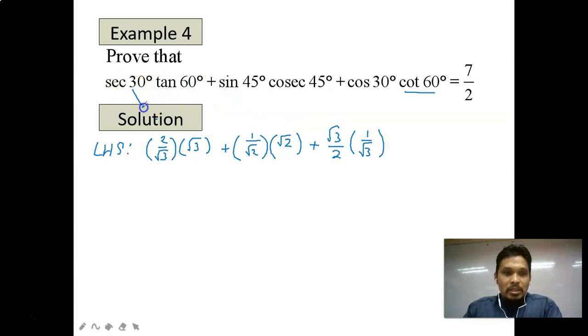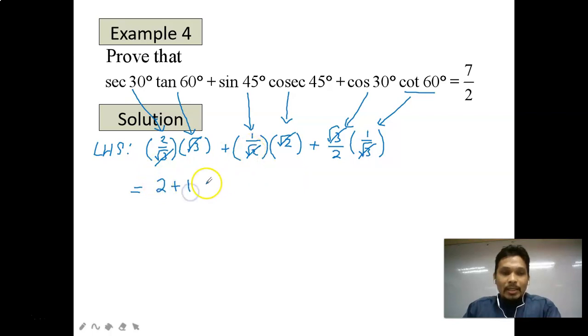Meaning, secant 30 degree, tangent 60, sine 45, cosecant 45, cos 30 degree, and cotangent 60 degree equal to, okay, square root of 3 divided by square root of 3, square root of 2 divided by square root of 2, and square root of 3 divided by square root of 3, and this is equal to 2 plus 1, plus this one here, 1 over 2.